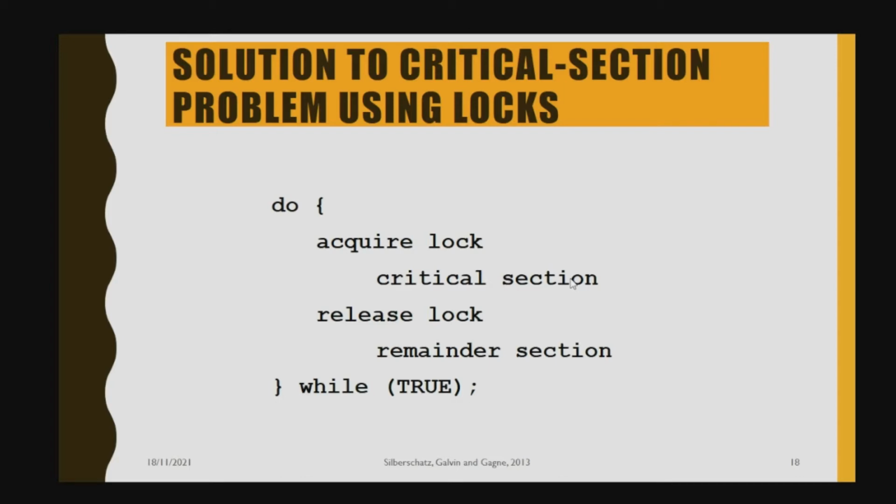The other process, process 2, is unable to enter this critical section until we call the function to release the lock. Then the remainder section can be used by another process. So this is how we use the lock to solve the issue.